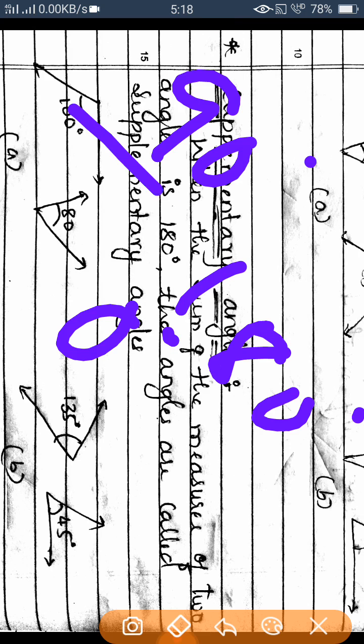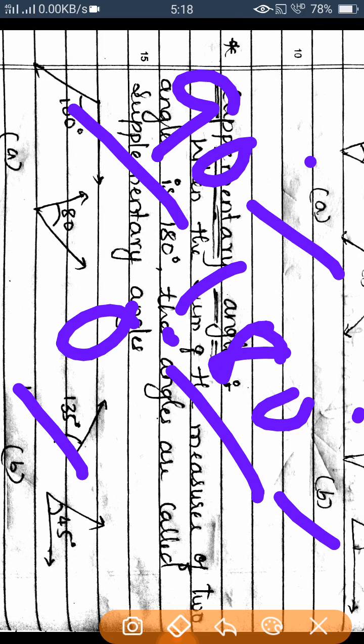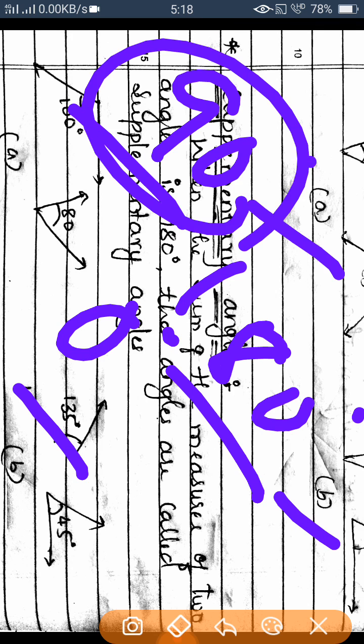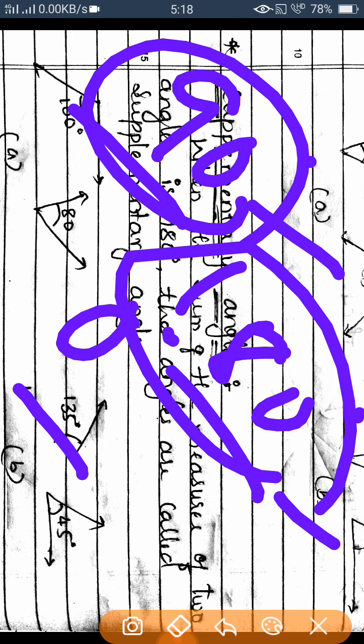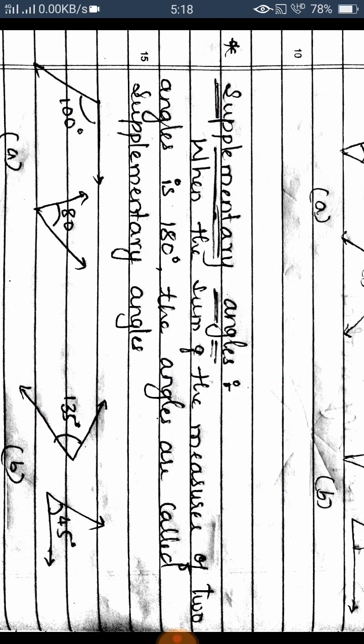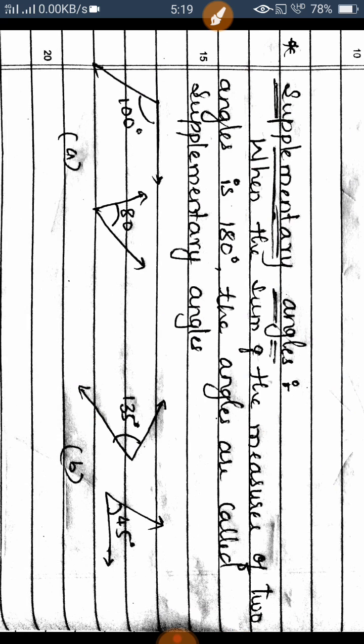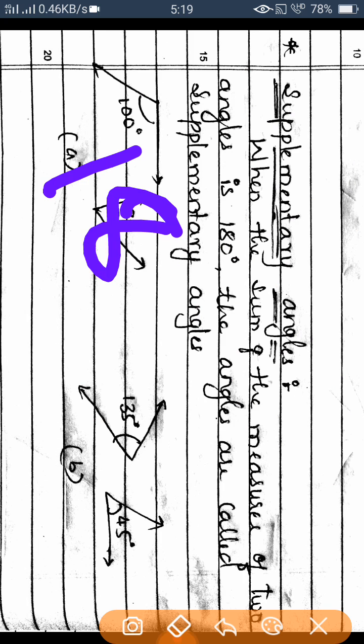We will name these types of angles when we learn about angles individually. A right angle is a special angle, 180 is also special, and 360 is also special. Complementary means a 90 degree sum; supplementary, as you learned previously, means 180 degrees.